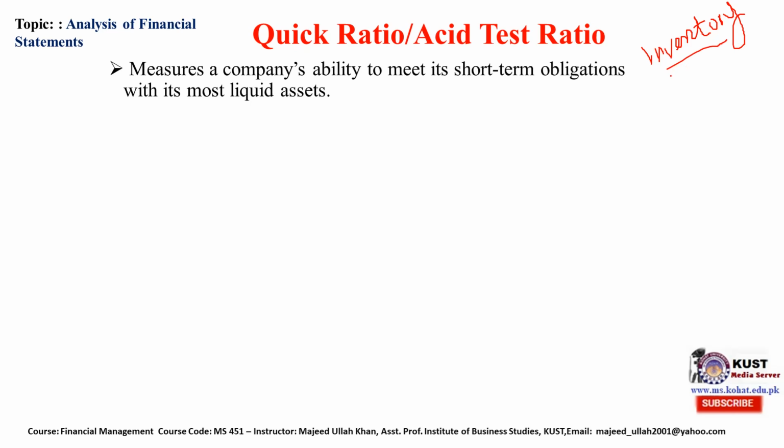If you are using the LIFO method, last in first out, it will increase your cost of goods sold. Cost of sales will increase, but inventory will decrease.